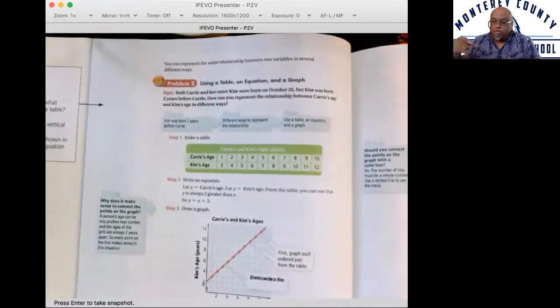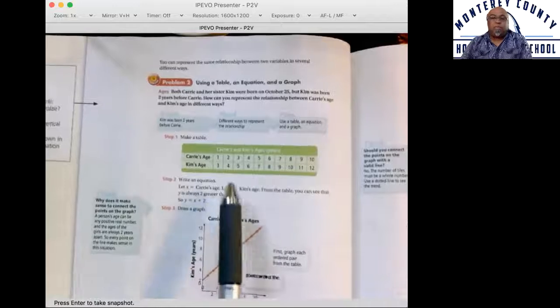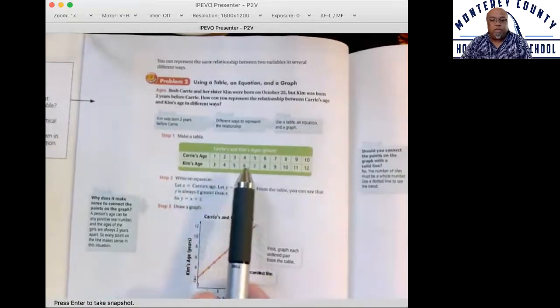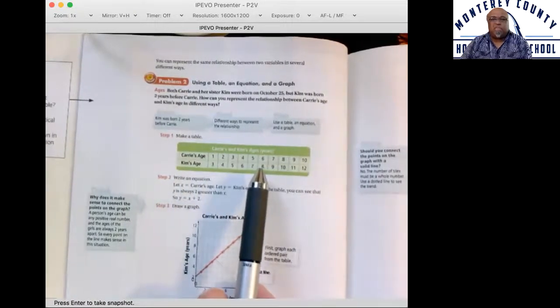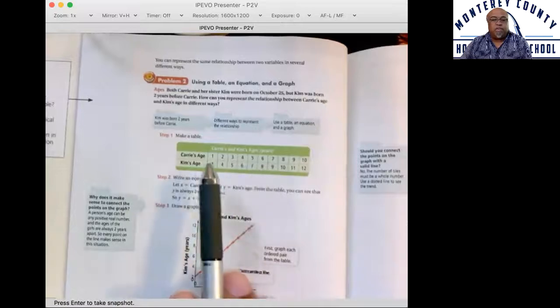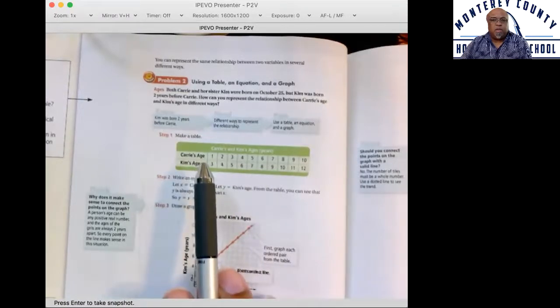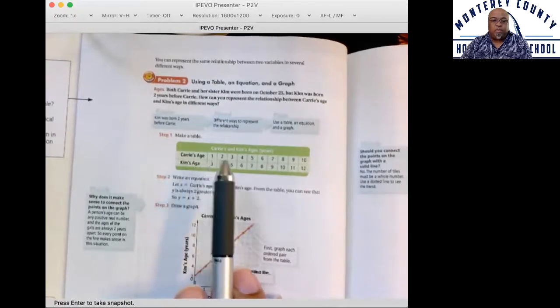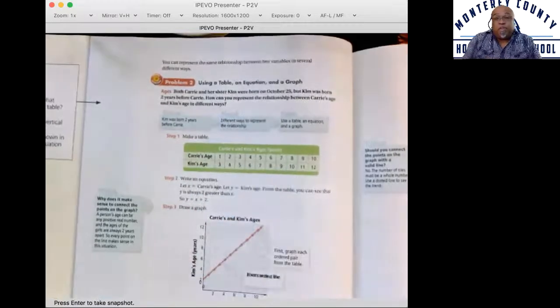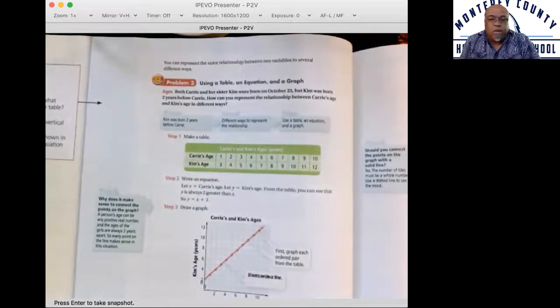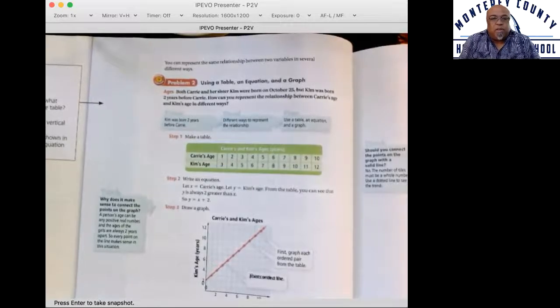Okay? So step 1 is basically how you do a table. It's also called a chart, but basically you just write out the information and quickly you can mentally figure it out. If she's 2 years older, then just write out the possible ages of Carrie, 1 through 10. Now, you could obviously go on until 30 or 40 or 50, but I don't think that's necessary. We're not trying to write out the entire person's life. We're just trying to show a relationship between the two ages.